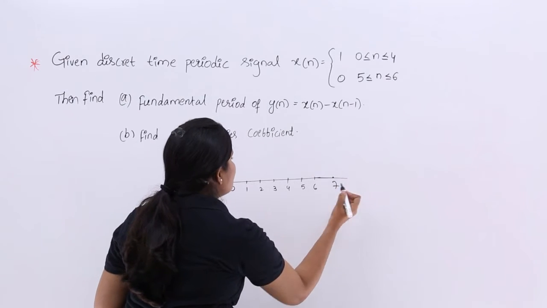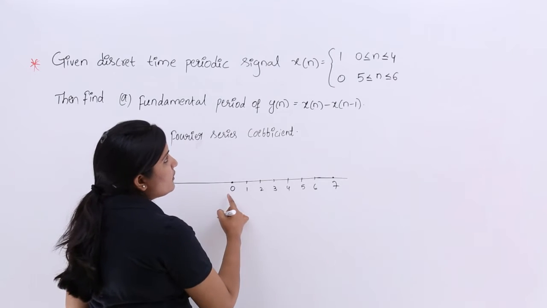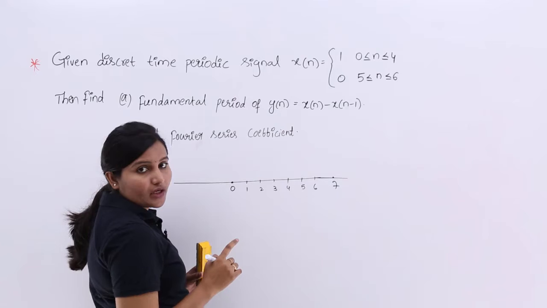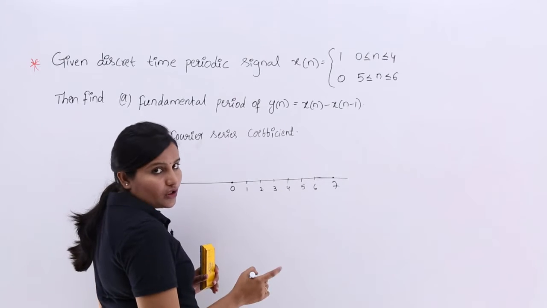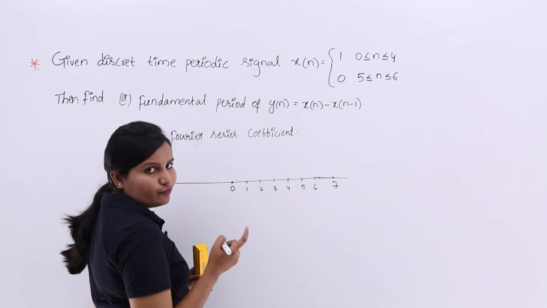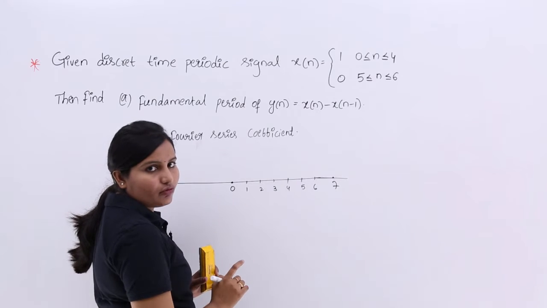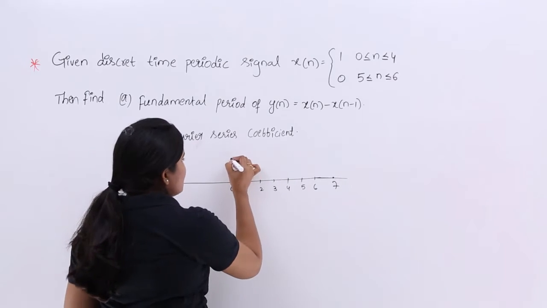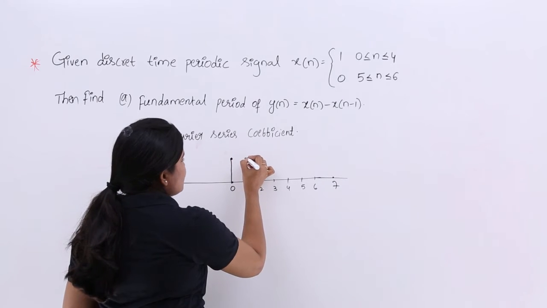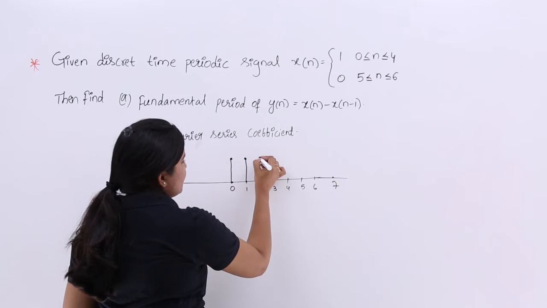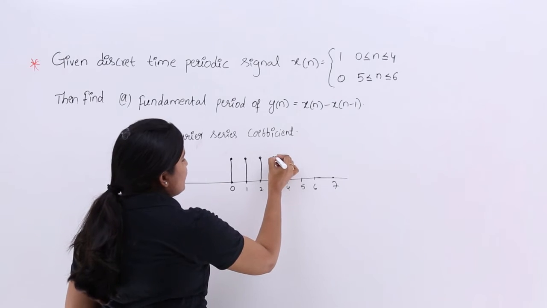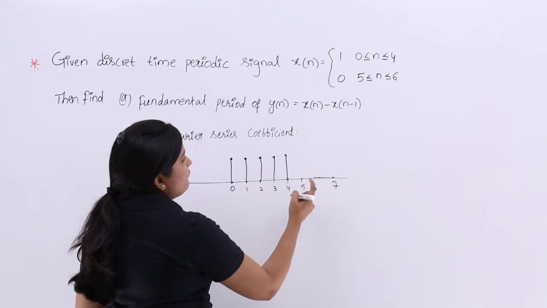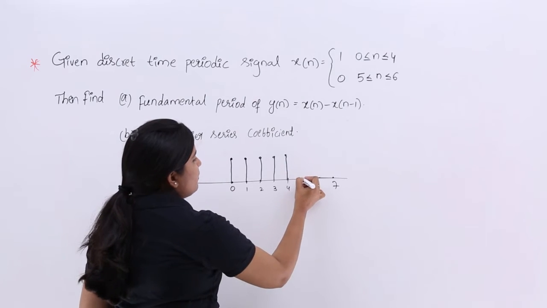From 0 to 4, 0 less than or equal to n less than or equal to 4, the amplitude of the signal is equivalent to 1. That is why I am taking the samples with amplitude 1 from 0 to 4. Now from 5 to 6 these are equivalent to 0.